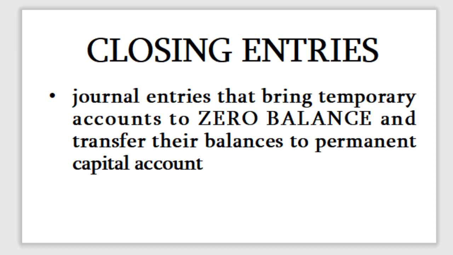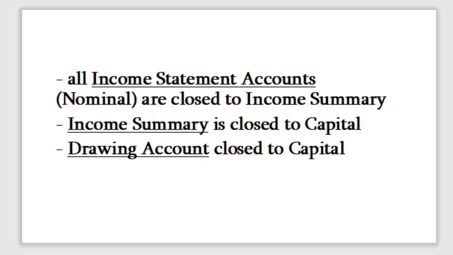I-debit natin yung 100,000 worth of sales natin para maging zero balance siya, para yung amount na yon is ma-transfer siya doon sa ating permanent capital account. Kaya kung mapapansin nyo, sa ating balance sheet nakalagay doon as of, kasi doon nag-accumulate lahat ng amounts na galing sa income statement. So, ano-ano yung mga ginagamitan natin ng closing entries?